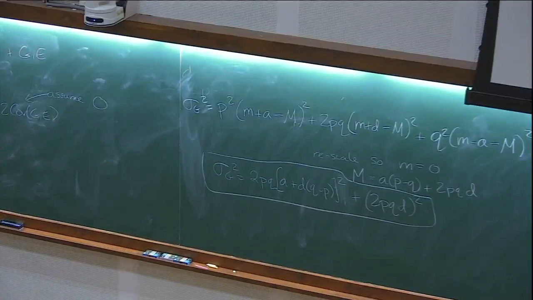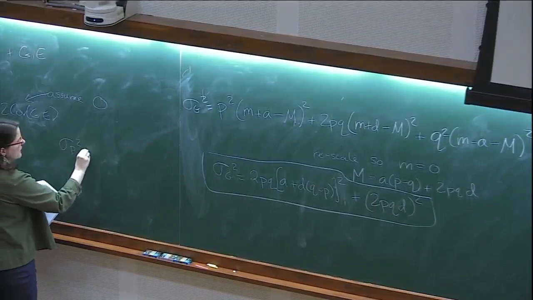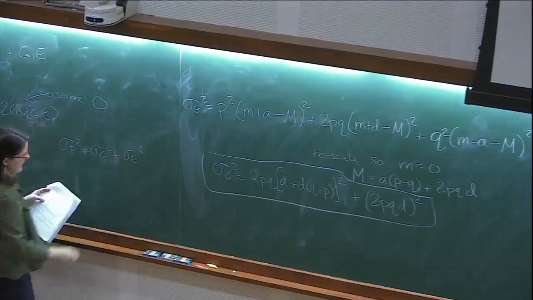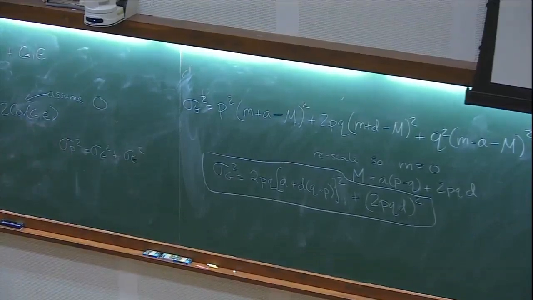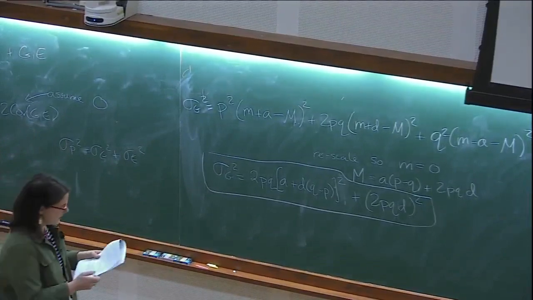And then the phenotypic variance is that quantity plus some environmental variance that I haven't defined. So these two components of the genetic variance have special names in this model.